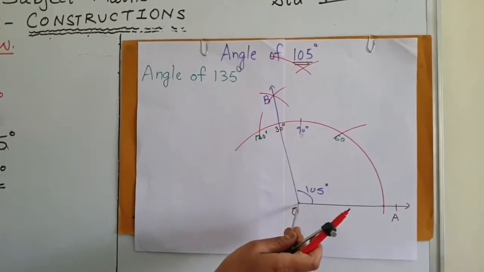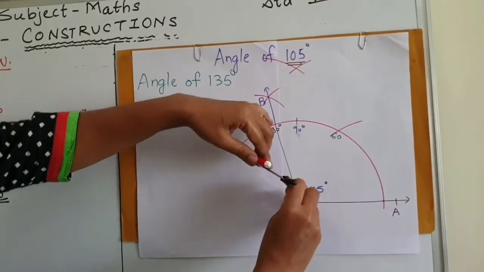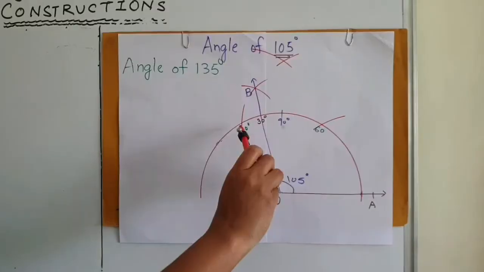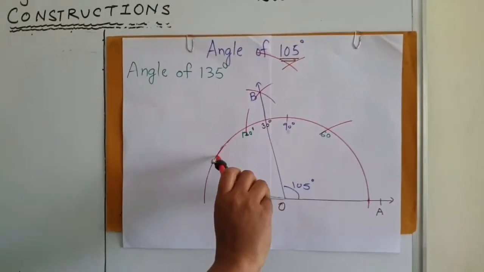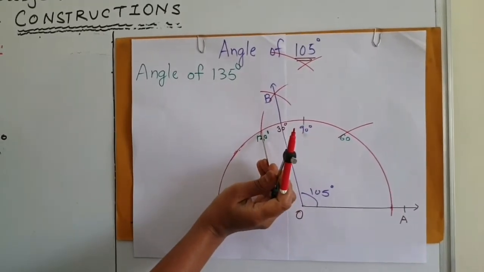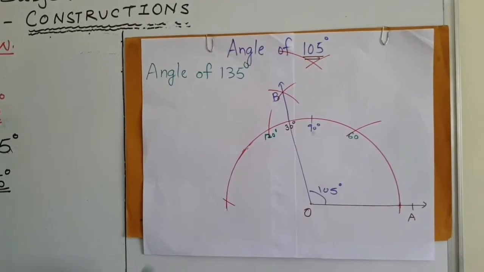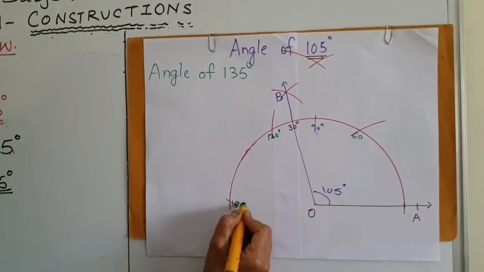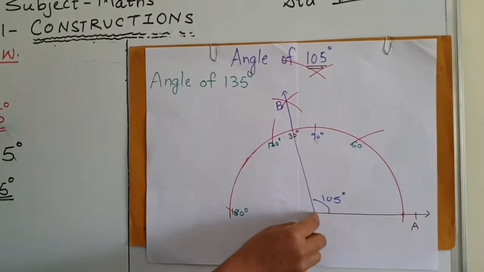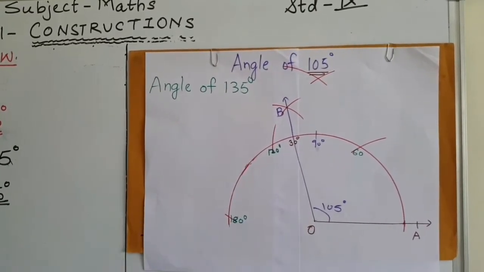Now draw this arc fully. Now extend this arc here, and then from 120 draw another arc. So this is nothing but 180. So if you extend this O to the opposite side, we will get a straight angle.